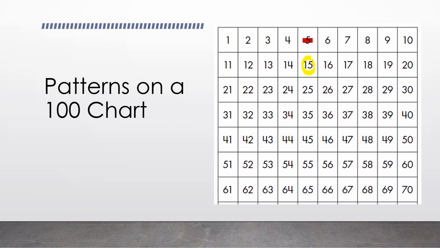So what is 10 less than 15? That's going to be 5. For example, if we were to go down on our hundreds chart, we see that 10 more than 15 is going to be 25.